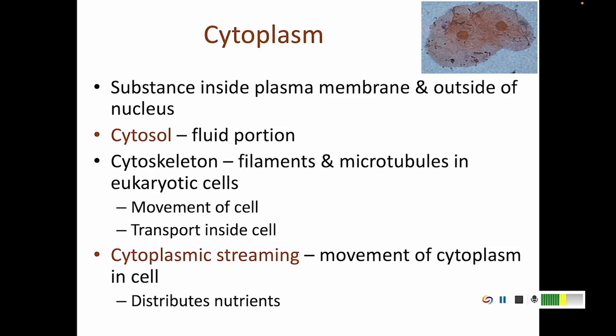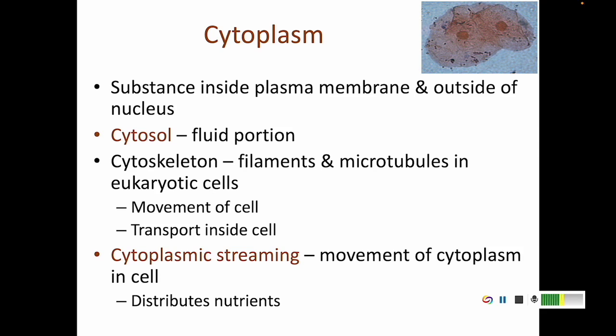Inside of the cell is also a cytoskeleton. Just like your skeleton gives structure to your body, the cytoskeleton is going to give structure and control the shape and movement of a cell. These are made of filaments and microtubules. They not only allow your cell to move, they also transport things inside the cell.